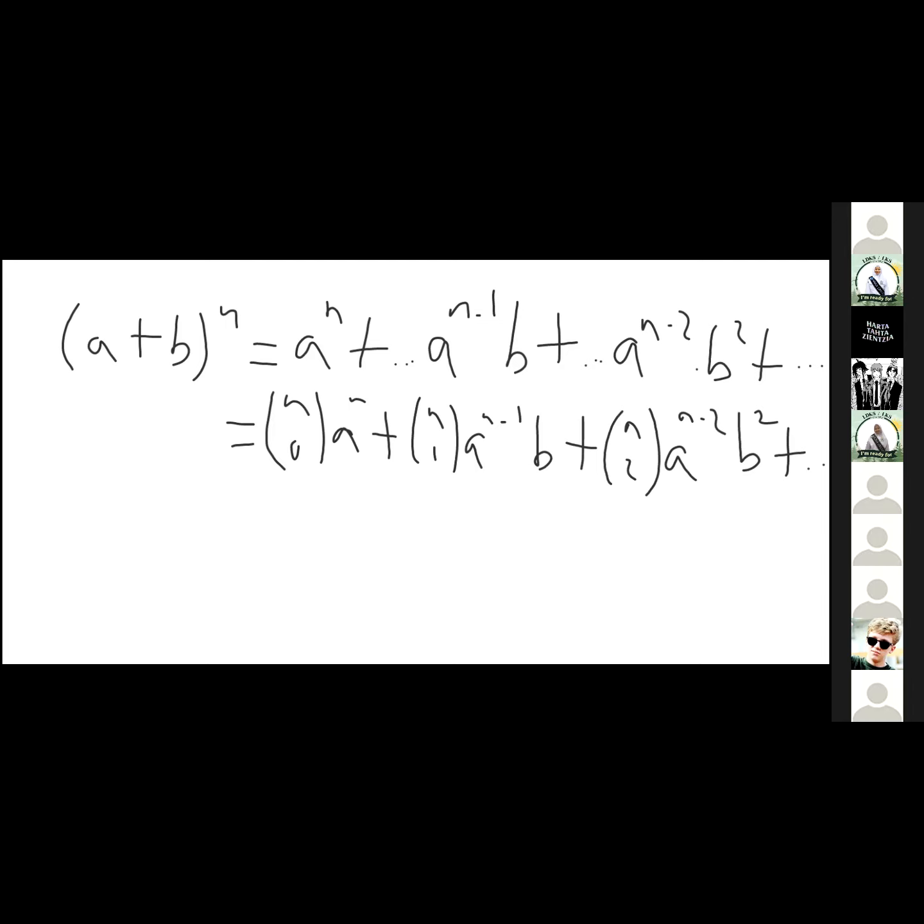In general, the problems in Cambridge exams usually ask only a few coefficients, or even just one coefficient, and not all the expansion. So that's why most of the time we'll use this combination.